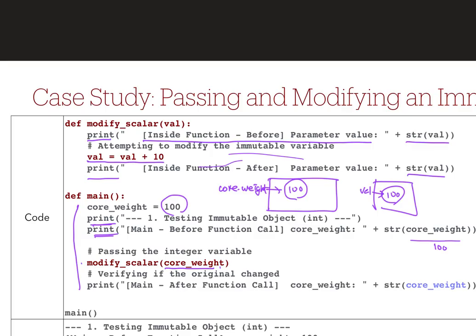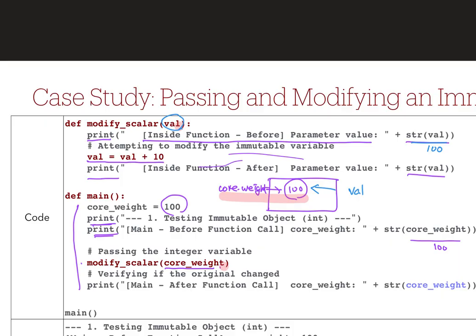In Python, we don't do that. When I call modify scalar with the core weight variable, core weight is the name of this place. So when this name is given, my VAL is indicating this value in memory. So that VAL will print the value 100 at that point.